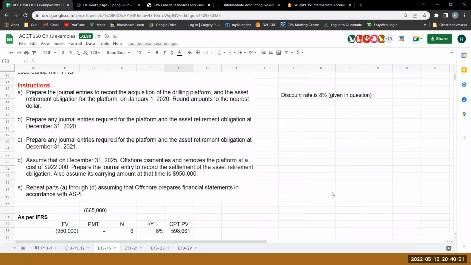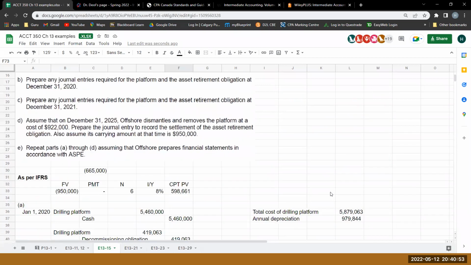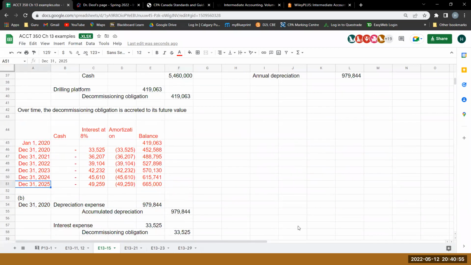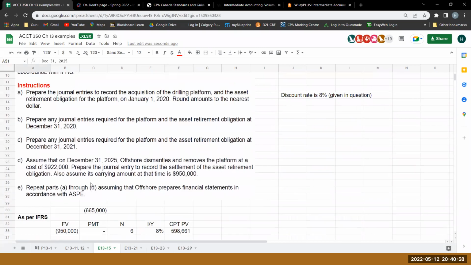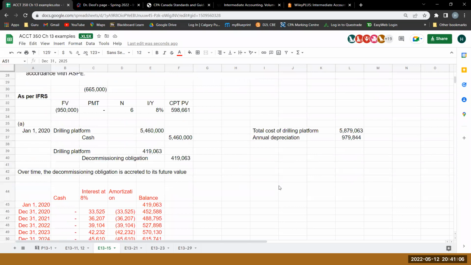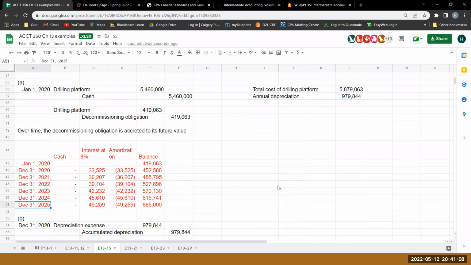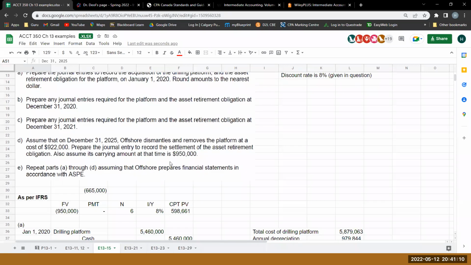Okay, and then part D, assume that on December 31st, 2025, the company dismantles and removes the platform at a cost of $922,000. Assume that at that time, the carrying amount of the asset retirement obligation is $950,000.